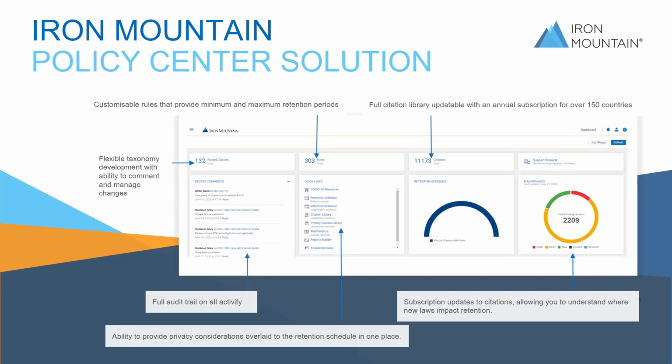Also within Policy Center, there are a number of reporting options, a number of data mapping options, as well as a complete audit trail to understand all of the changes that occur to your retention schedule over time.